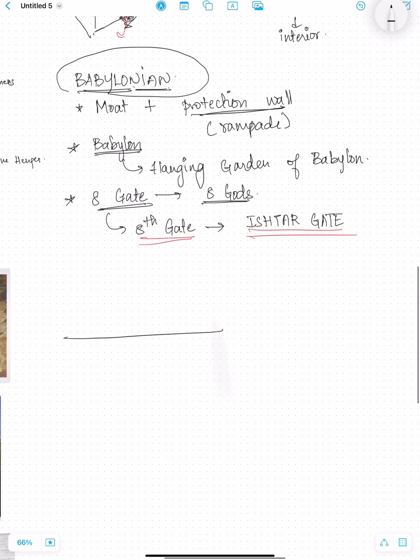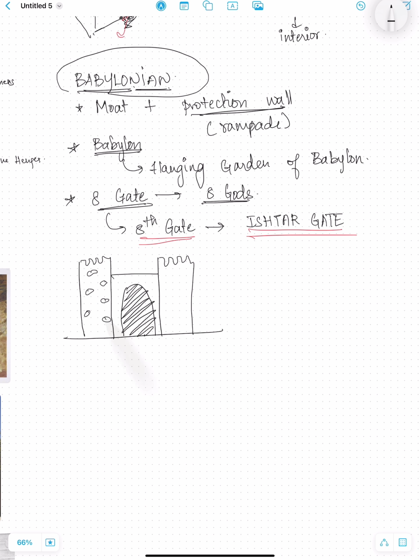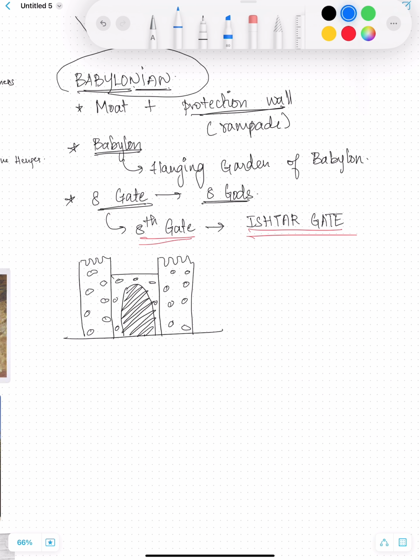The gate generally looked like this. And this was filled with bronze elements, artworks or sculptures, whatever you would like to call them, mostly dragons or bulls.